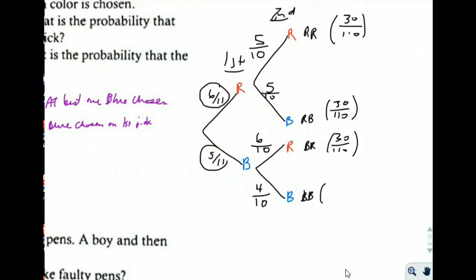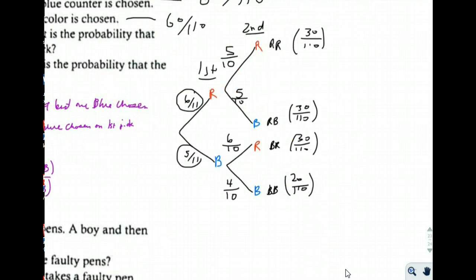And then finally, blue, blue, it would be 5 over 11 times 4 over 10, so that would be 20 over 110. Okay? As you can see, if you add up these 4 probabilities, they add up to 110 over 110, which is probability 1. So that makes sense. The probability of any of these happening total would be 1.